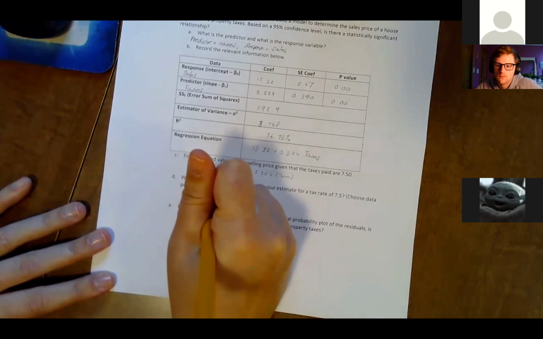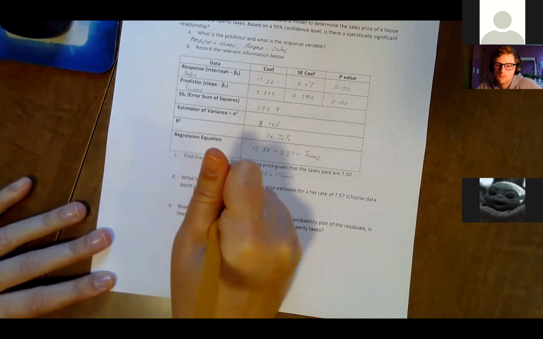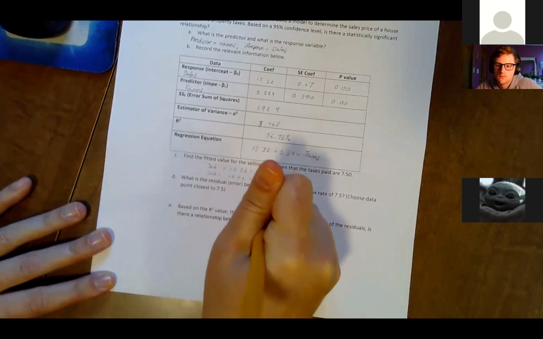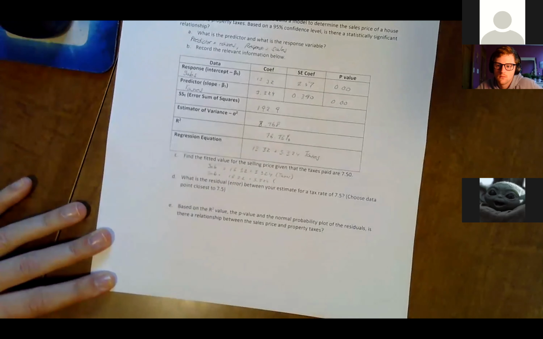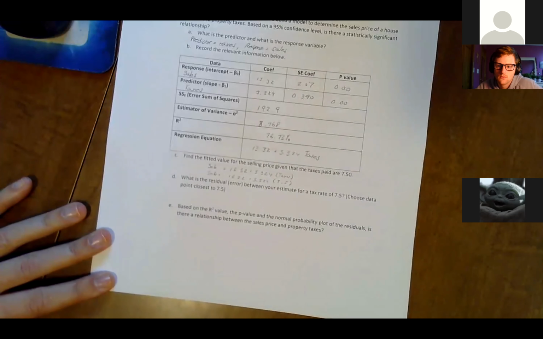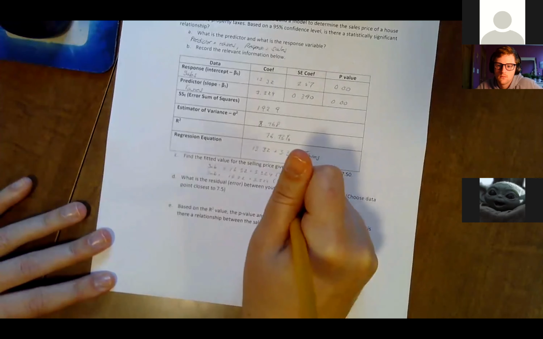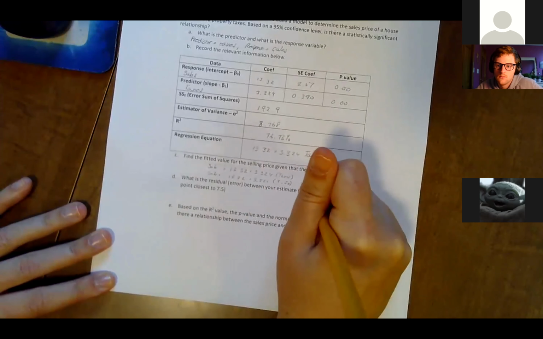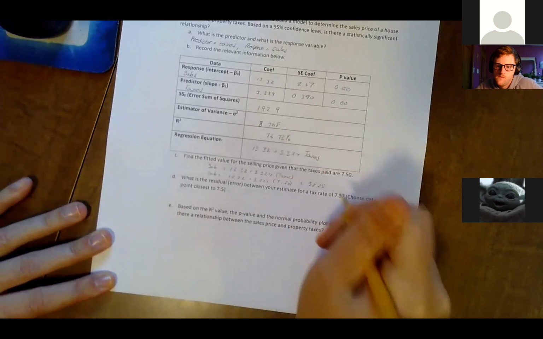Now I'm going to say that sale is equal to 13.32 plus 3.324 times 7.5, because that's what the question is actually asking. So I'm going to solve. Crunching those numbers, I get 38.25.